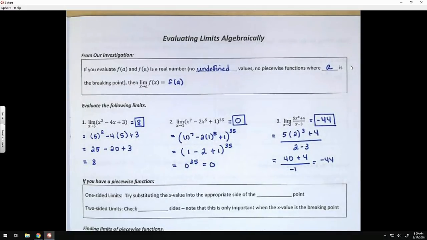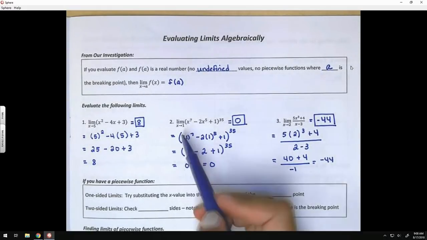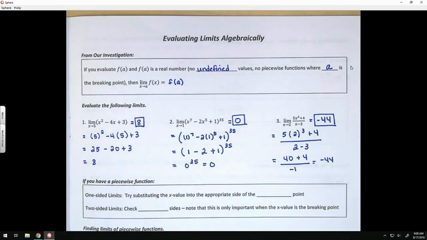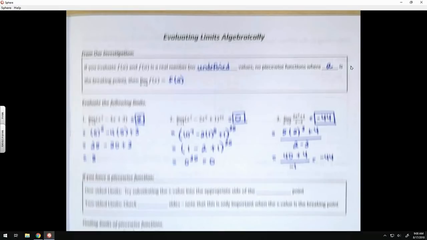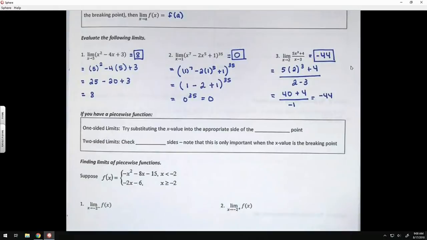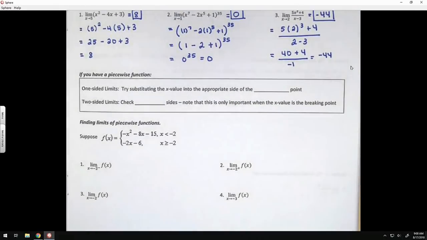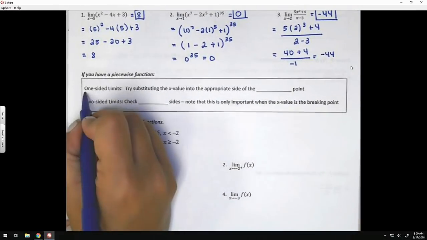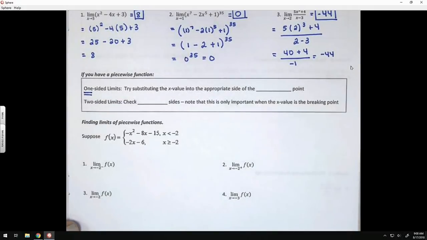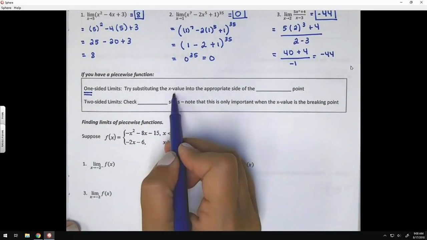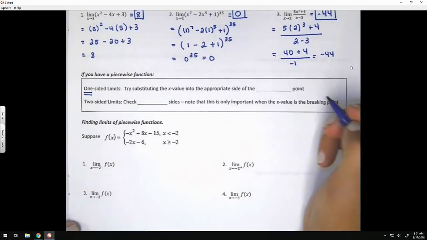In general, the rule is that if you can plug in this number, you just plug in that number, and that's how you find the value of a limit using a function. Now, if you have a piecewise function, things can change a little bit. If you have a piecewise function and you're asked to find a one-sided limit, try substituting that x value into the appropriate side of the breaking point.